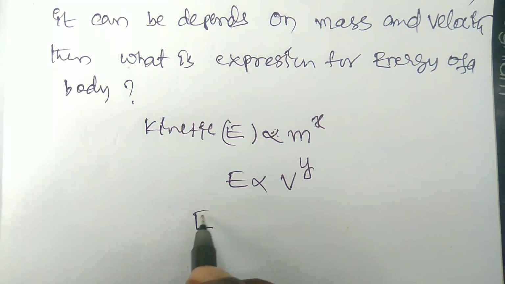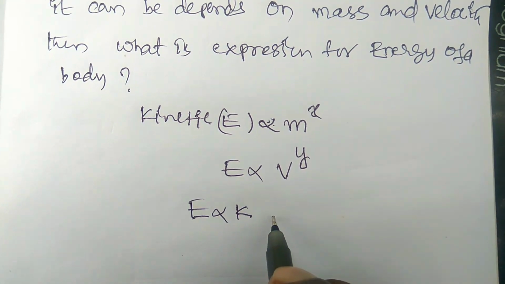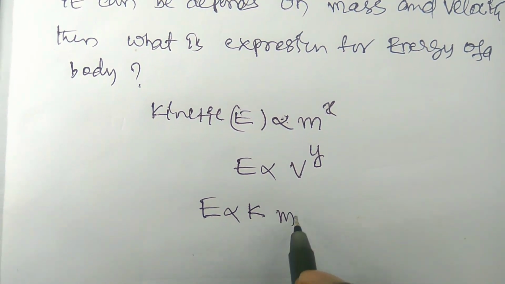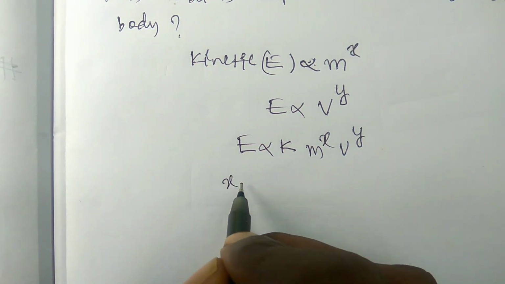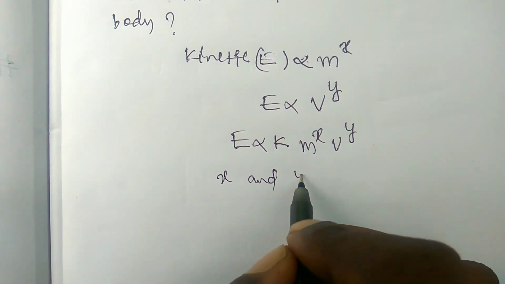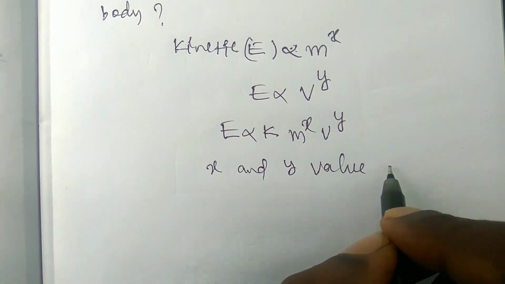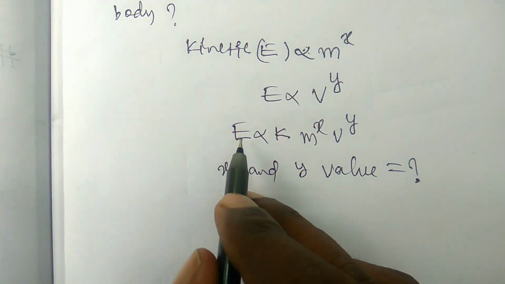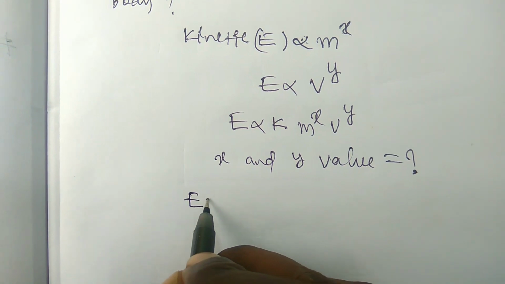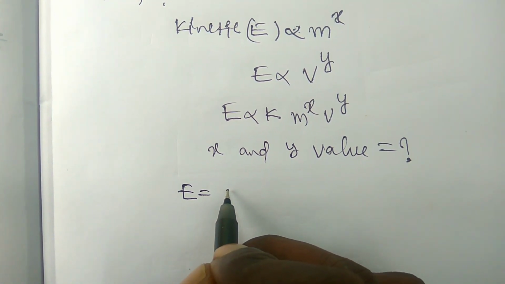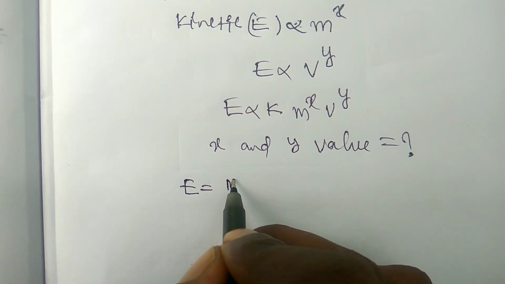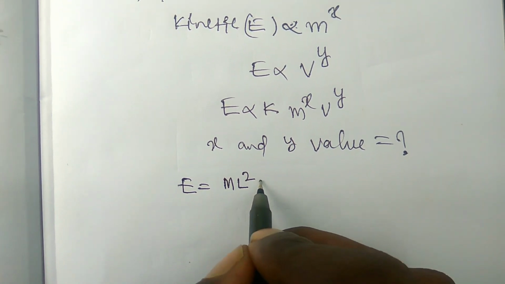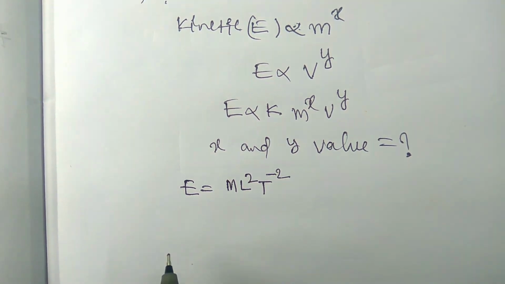Then we can write E = k · m^x · v^y. We don't know the x and y values, so we just find them. Already you know that energy is the work done, so it is force into displacement, which we can write as ML²T^(-2).